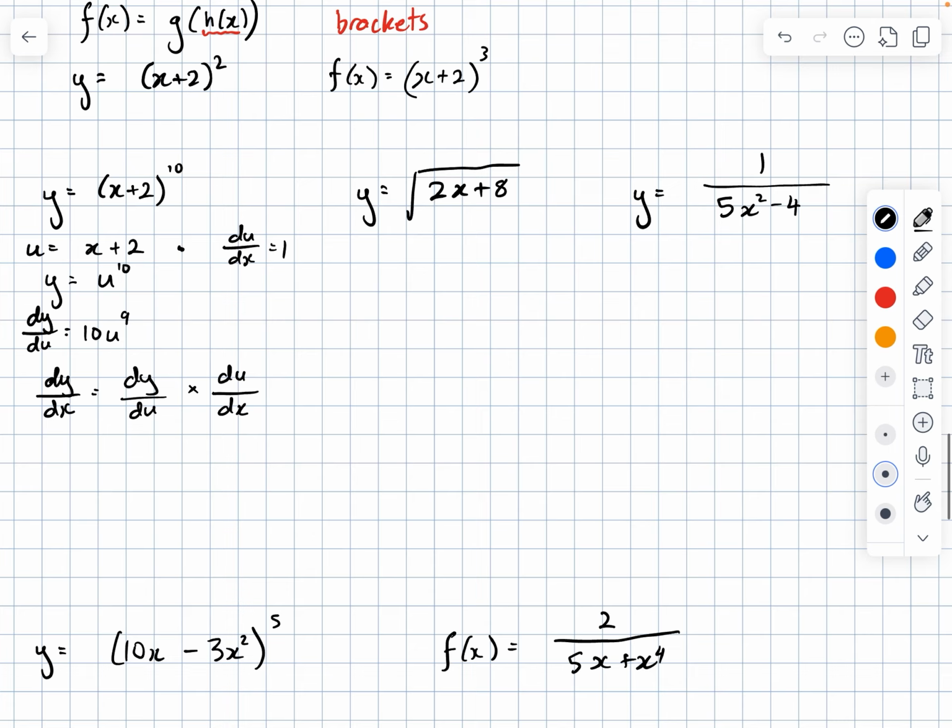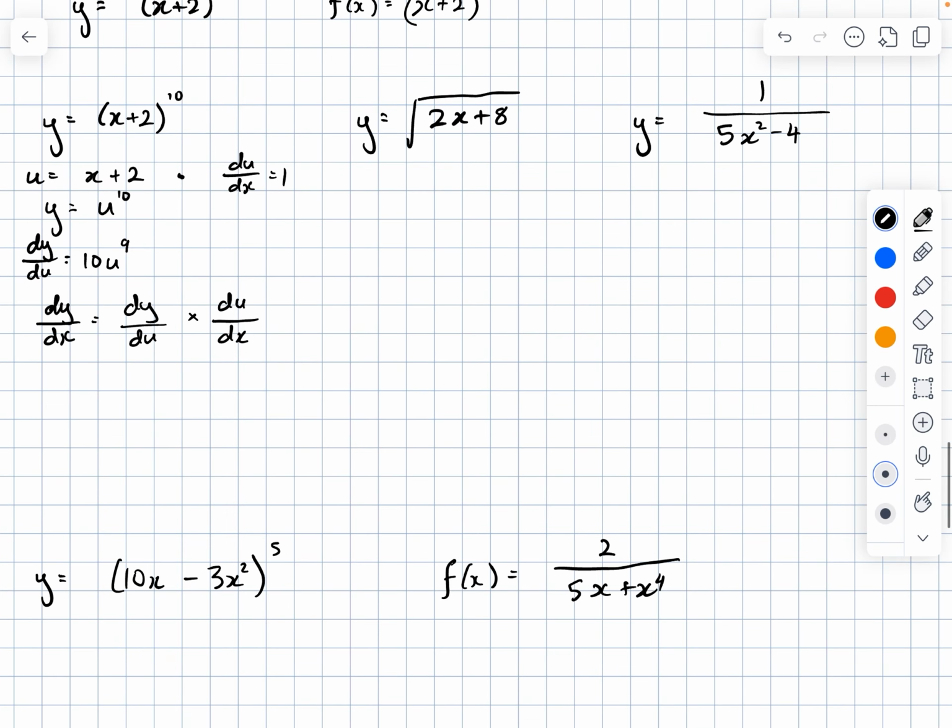So now I can put this into this rule and get dy/dx equals dy/du, which is 10u to the power of 9, times du/dx, which is 1.